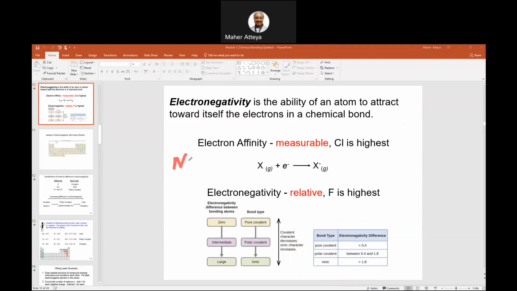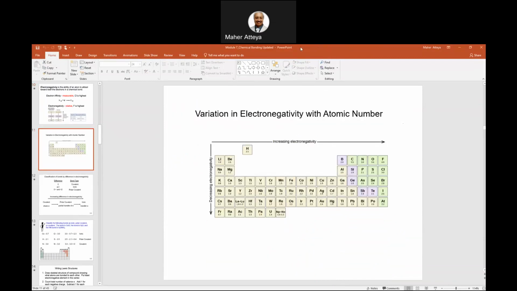Sodium and then chloride. Sodium chloride, correct? So here it is. Sodium, guys. Sodium is 0.9, and the chloride is 3.0.